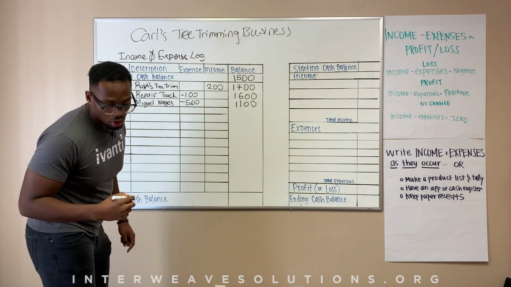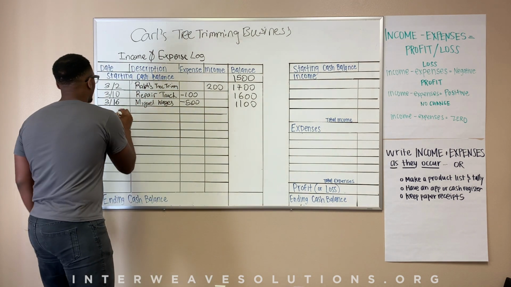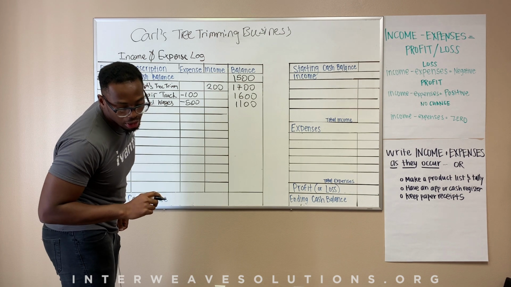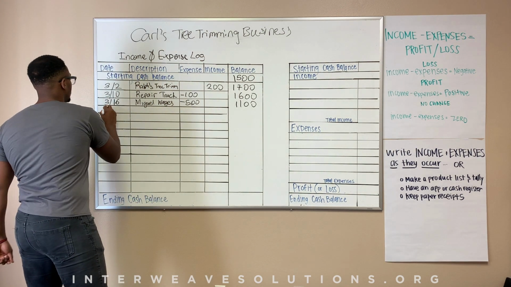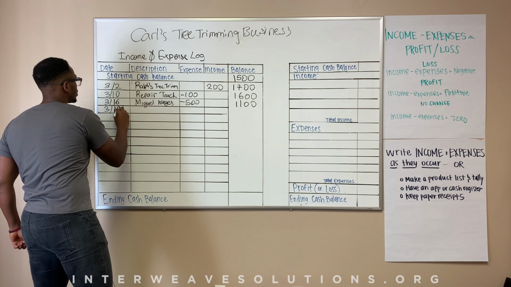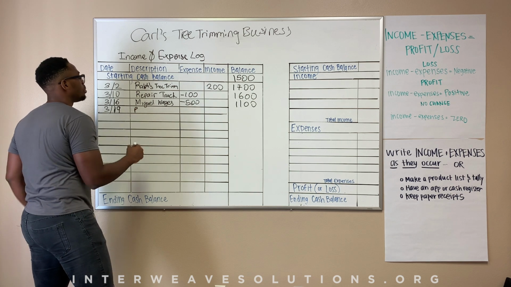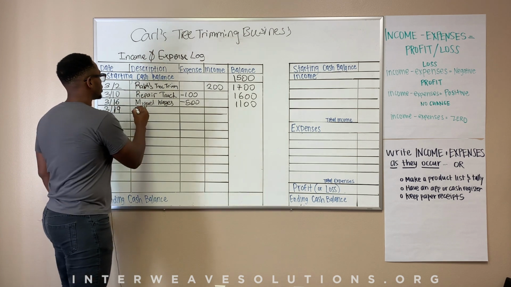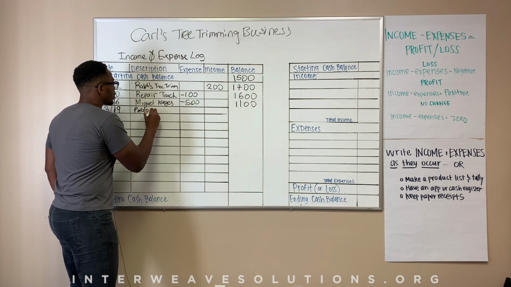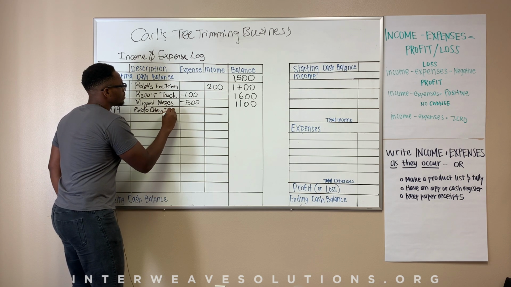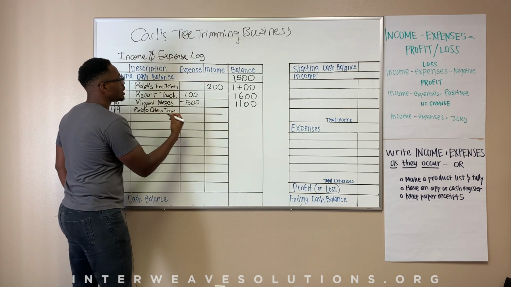The next thing on our list was Pablo Ortega's tree trim. Basically we offered our service to Pablo Ortega. We cut his tree, and it's going to be an income because he's paying us.